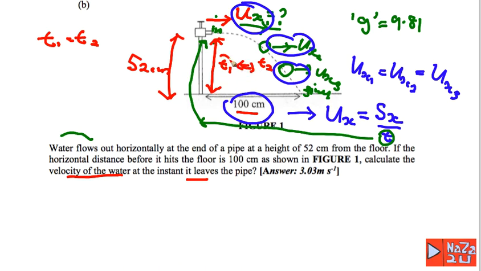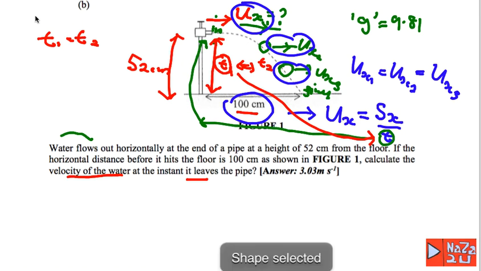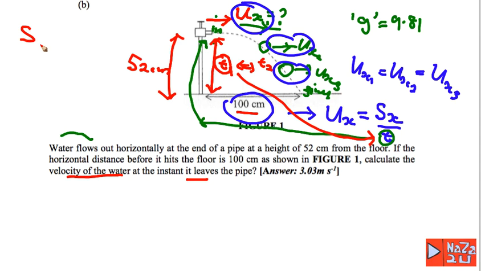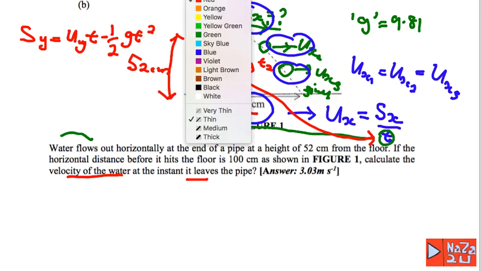So you can calculate T1, because T1 refers to the time taken for the object from the initial to the final position. To calculate T1 or T2, you can use the equation for the vertical direction, Sy equals uy t minus half g t squared, right?